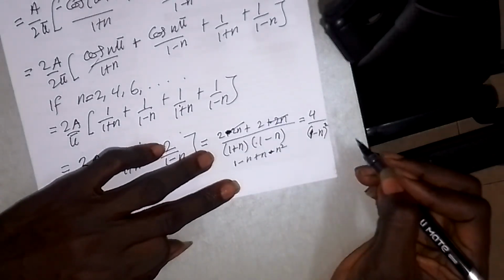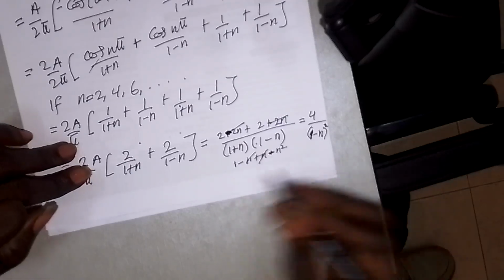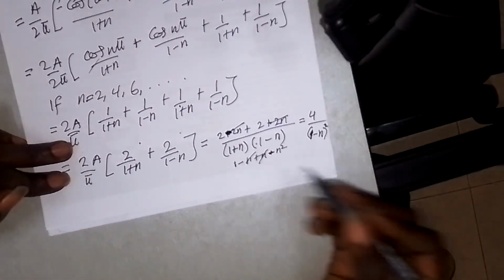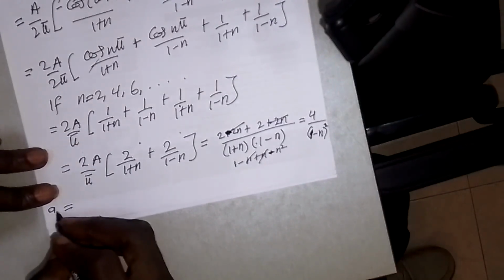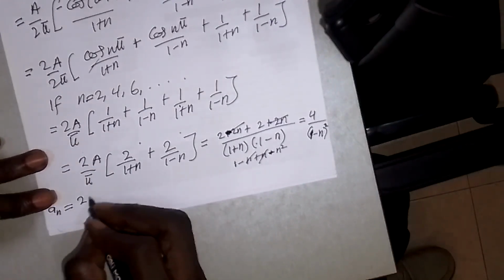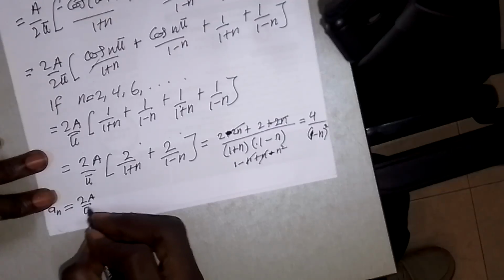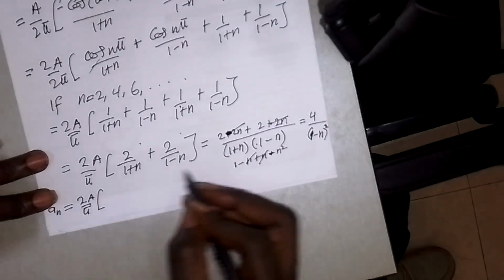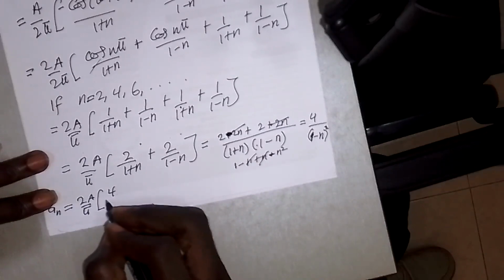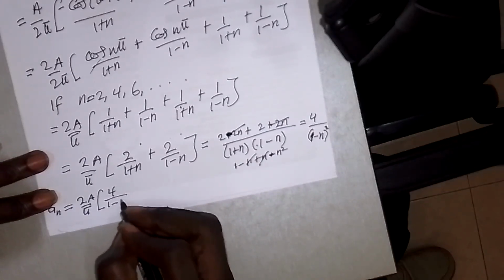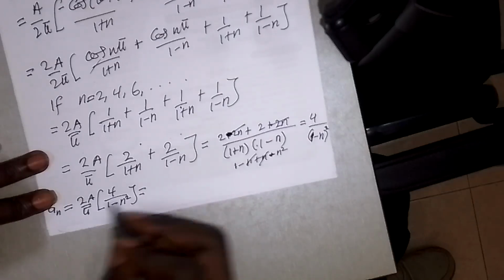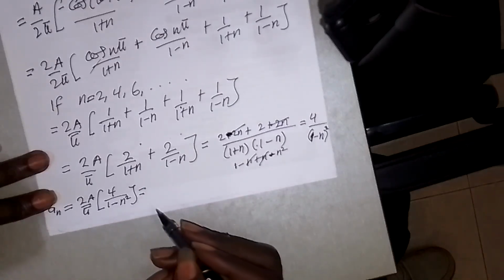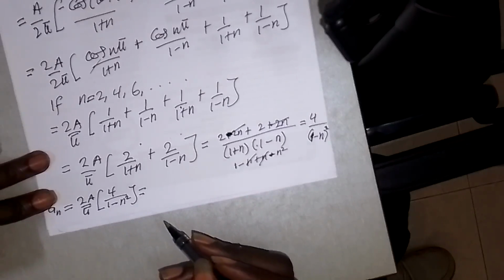This one will cancel this one. This one here is squared. So now here you're going to get a_n equals 2a over pi into 4 over 1 minus n squared.